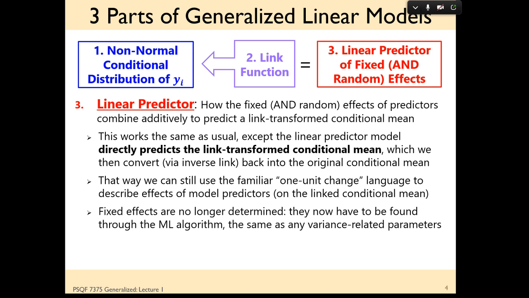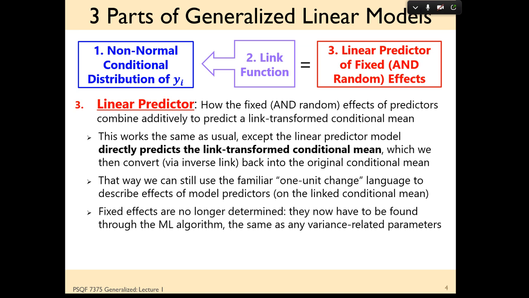But then everything works the way that it's supposed to. You can test main effects, you can test interactions, you can have nonlinear effects of quantitative variables, you can have categorical variables and dummy codes between them, you can have any of that stuff you already know how to do. That's all the same. In terms of estimation, there is no longer a simple set of formulas by which the slopes fall out.